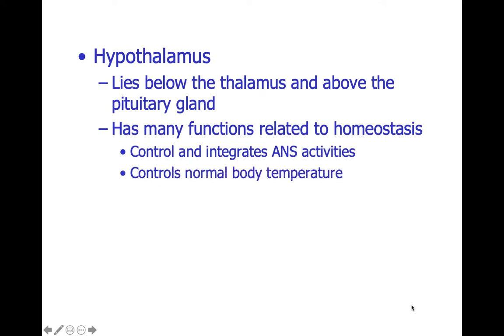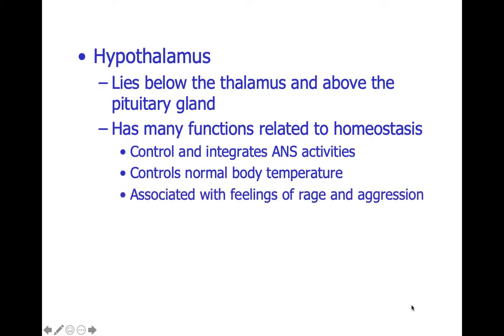It controls normal body temperature, right? So if you are in a refrigerator, you're in a cold area, your hypothalamus is going to kick in and adjust homeostatically what's happening to keep your body within that normal range of temperature.